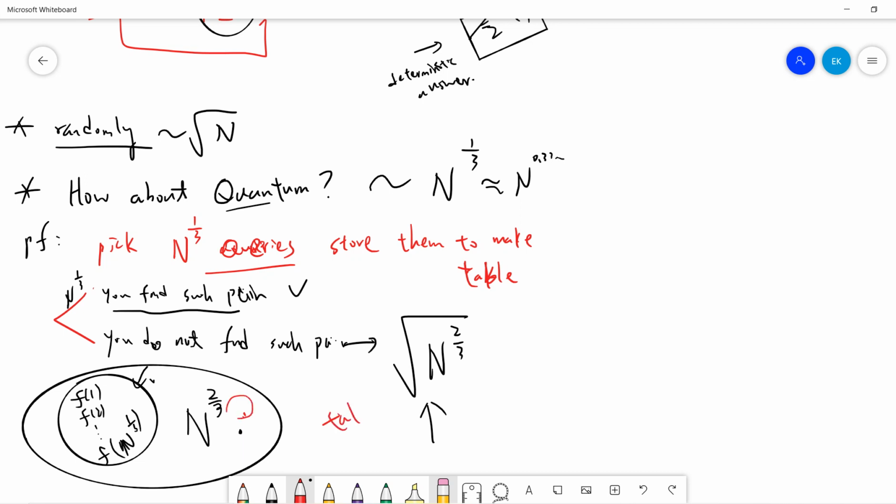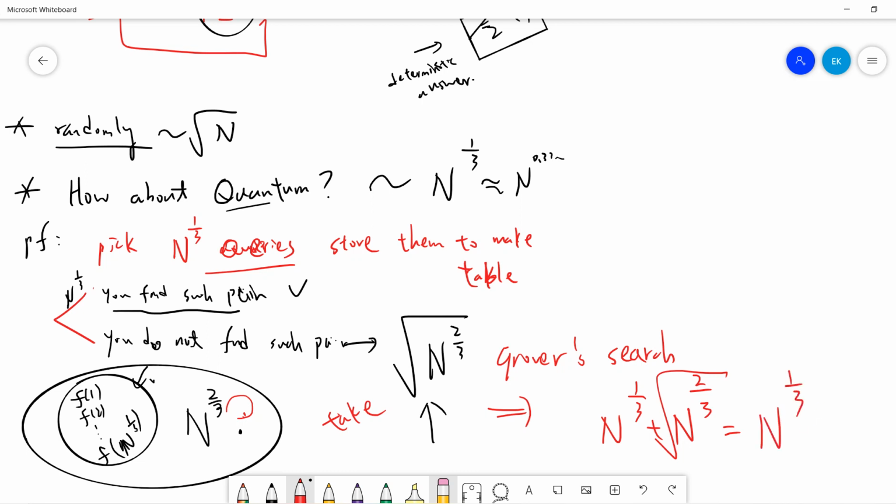So you only need n to the 2/3 under a square root Grover search. Totally you need n to the 1/3 plus the square root of n to the 2/3, so it is better than classical.